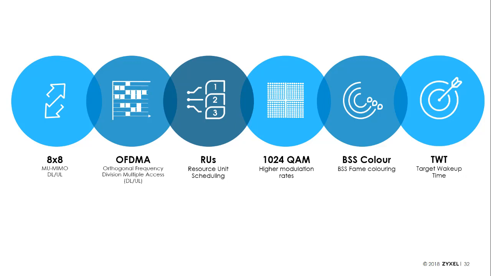So higher modulation rates, from 256 QAM found in 802.11ac to 1024 QAM. And what this really means to everyday usage is that we increase the throughput available in the existing channel space versus what we had before. And the very top speeds, the headline speeds, will increase by about 40% over 802.11ac.